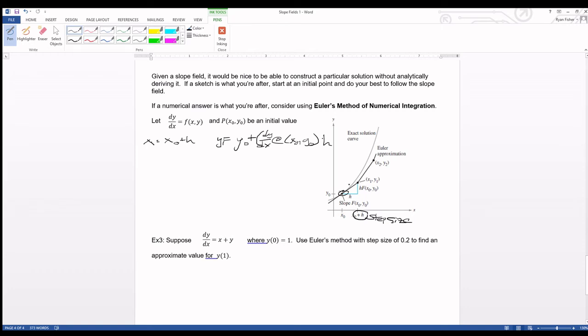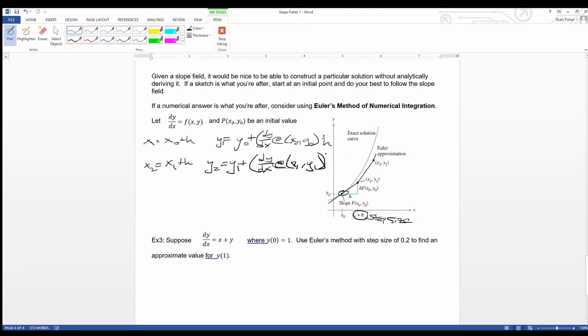To get the next point, we're going to repeat this process. To get the second x coordinate, we take wherever we were just before and add the step size again. To get the second y, we repeat this process. We take where we were just before, which is the previous y coordinate, and then add the derivative, or the value of the slope field, dy/dx, at the previous point, x1, y1.